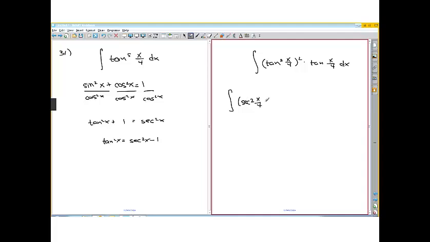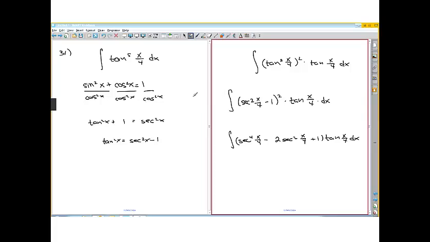So I'll get secant squared of x over 4 minus 1 quantity squared times tangent of x over 4 times dx. If I use FOIL on this, multiplying it by itself, I will get secant to the 4th of x over 4 minus 2 secant squared of x over 4 plus 1, all times the tangent of x over 4 dx.